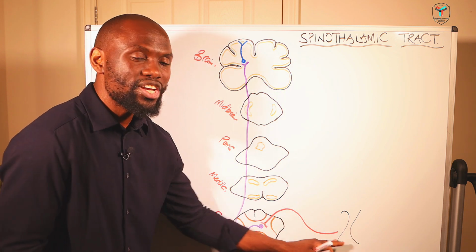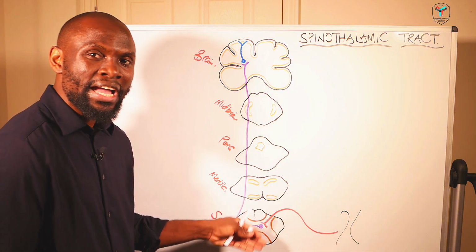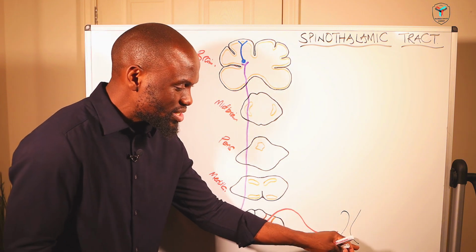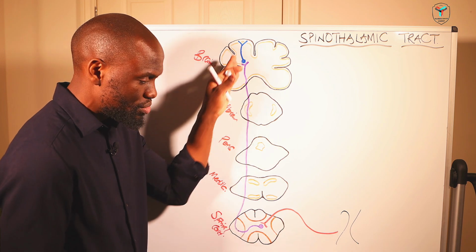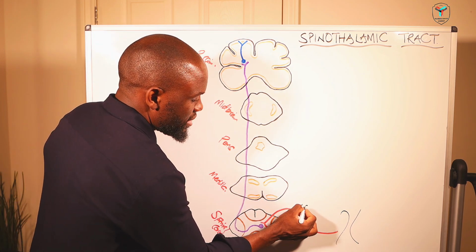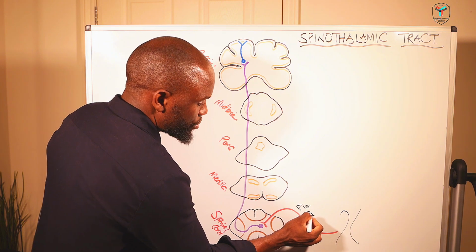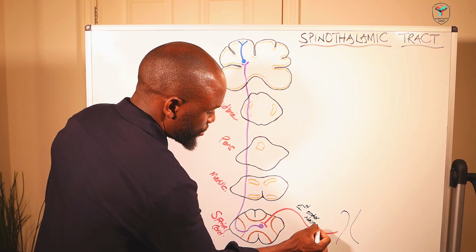So you have a neuron here, which is just a way of transmitting a message from the point of contact or from the point of pain, sending a message to the brain. So this is what we are going to call the first order neuron.